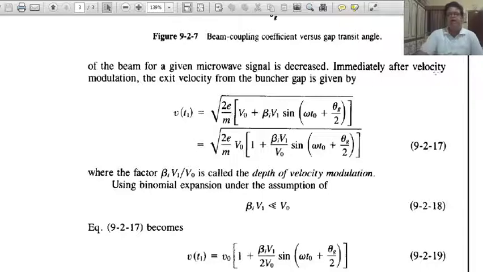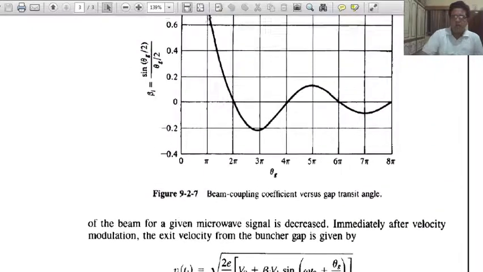Now, immediately after velocity modulation, the exit velocity from the Buncher gap is given by Vt1 equal to under root twice E upon m times V0 plus beta I V1 sin omega T0 plus theta z upon 2. How is it calculated?